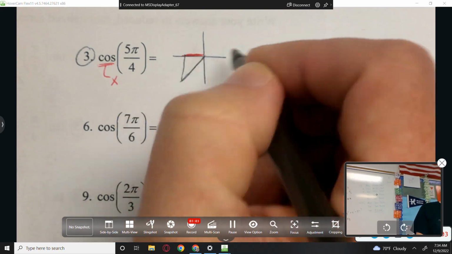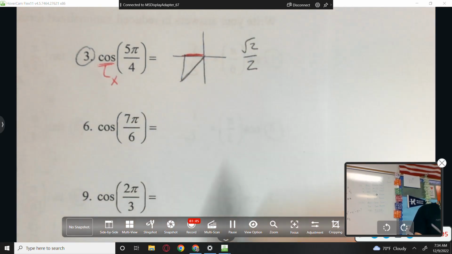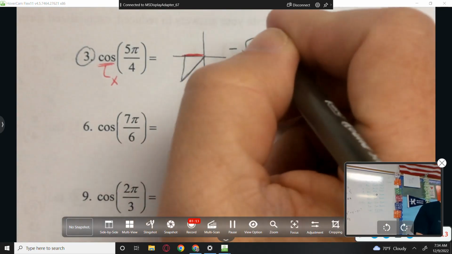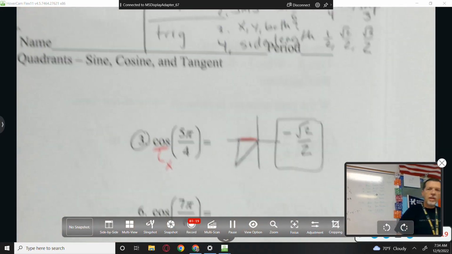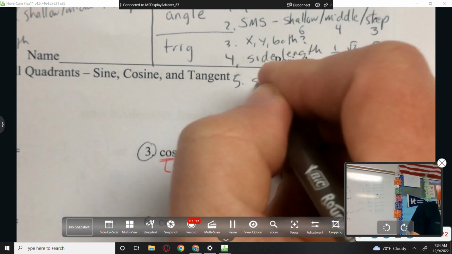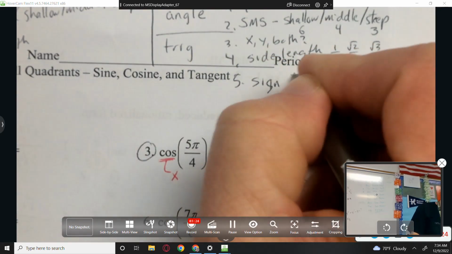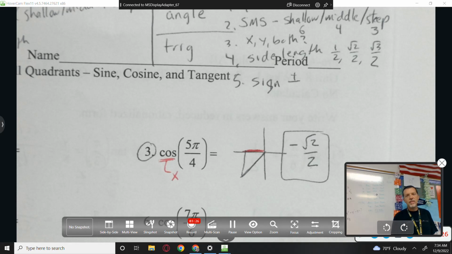So that means these sides are the same, so it's root 2 over 2, except that it's backwards, it's going to the left. So it's negative root 2 over 2. But that should probably be number 5. Sine, plus or minus. That sort of goes with side length, but you got to make sure you think about it.